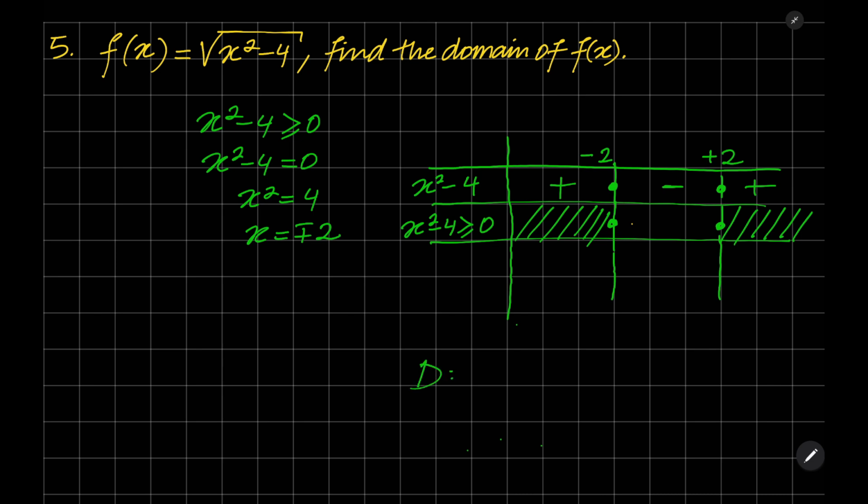That means the domain of the function is negative infinity to minus 2, it's included, union plus 2 to plus infinity, or domain of the function is x such that x is less than or equal to -2 or greater than or equal to 2.